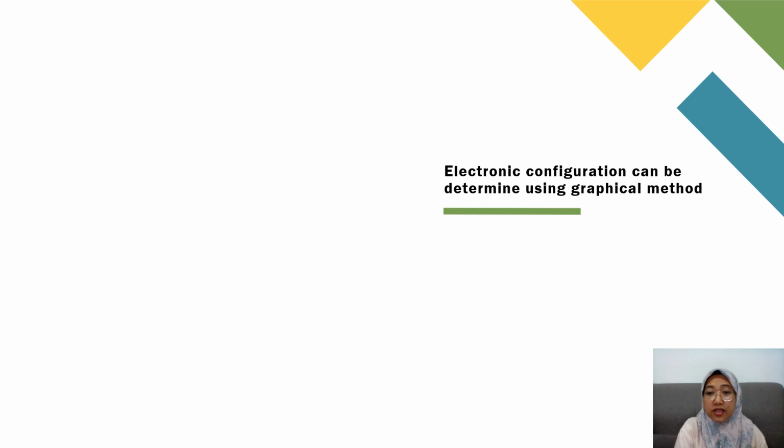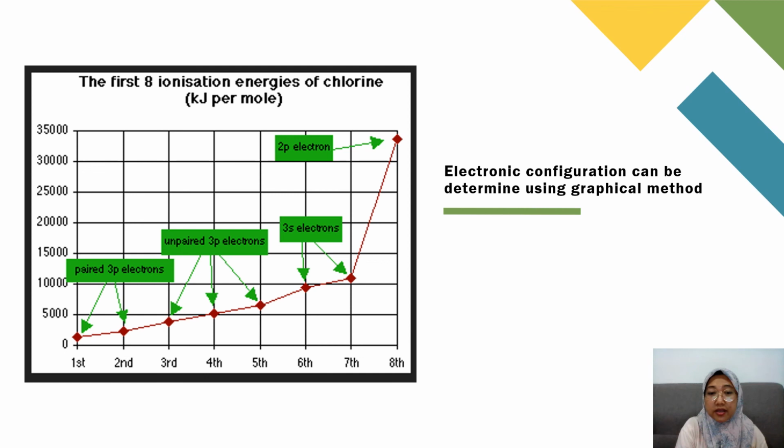Electronic configuration can be determined using graphical method. For example here we have chlorine, ini secara dalam bentuk graf. First ionization energy, second, third, fourth, fifth, sixth, seventh.